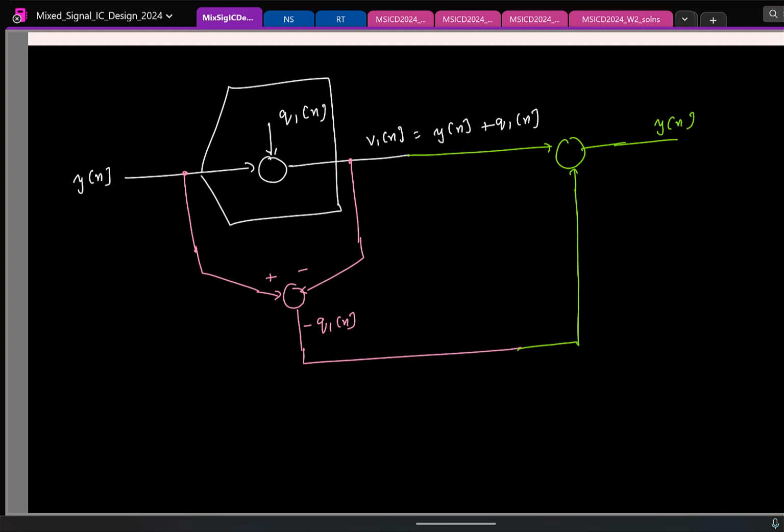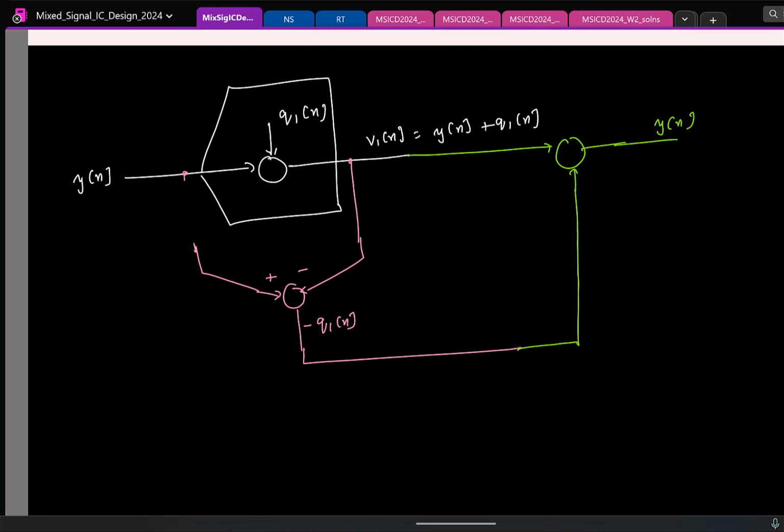So let's say I convert this to digital. If I want to convert this to digital, what do I have to do? You have to put one more ADC. So let's see what happens if you do. I put one more ADC, so I'll color code it so that green is all digital. So everything is digital now.